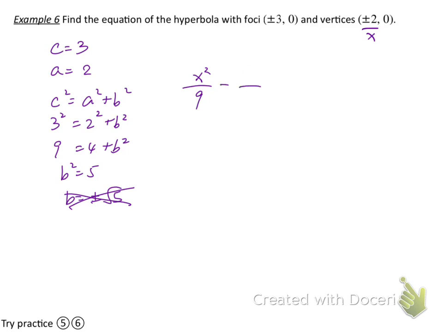Then the y term has to be negative with the b that you found. a is 4. a equals 4. Then the y squared over the b squared, which is 5, equals 1. That's the equation. Okay, now you can finish practice number 5 and 6.